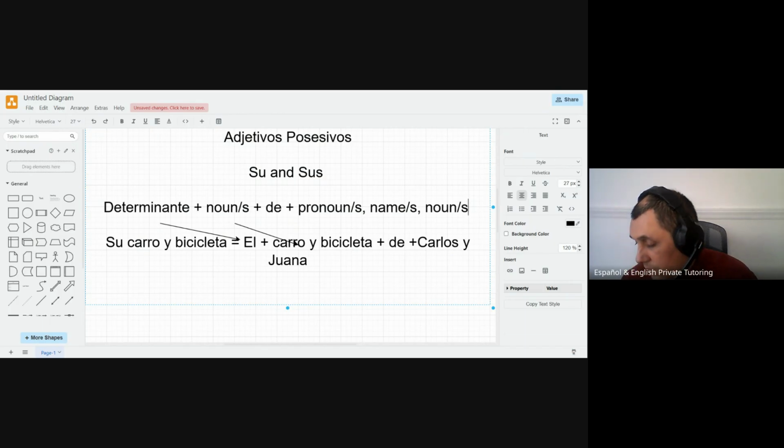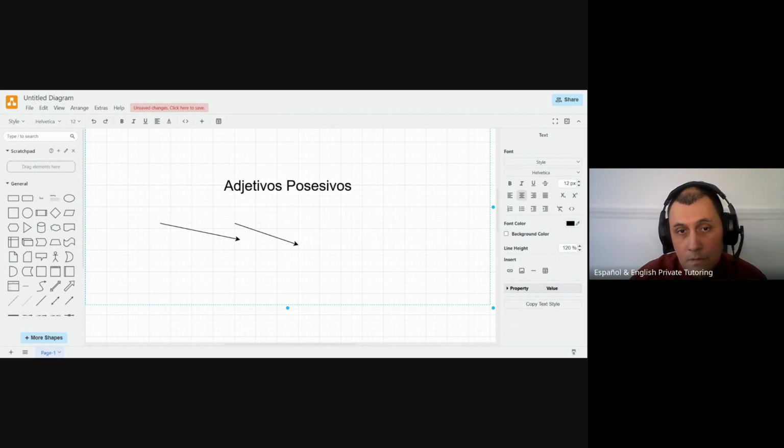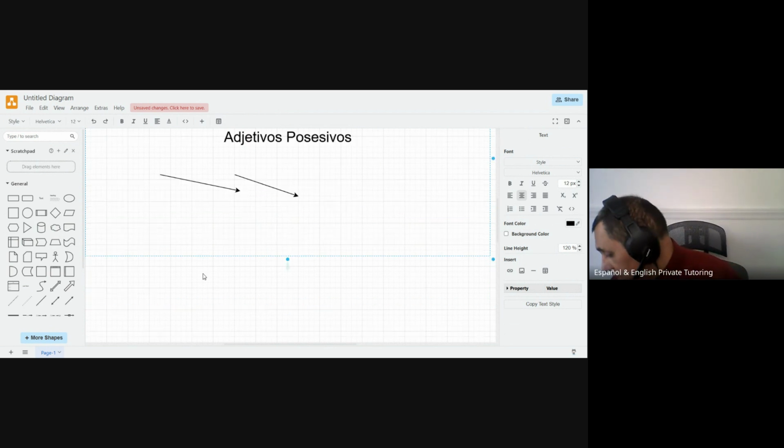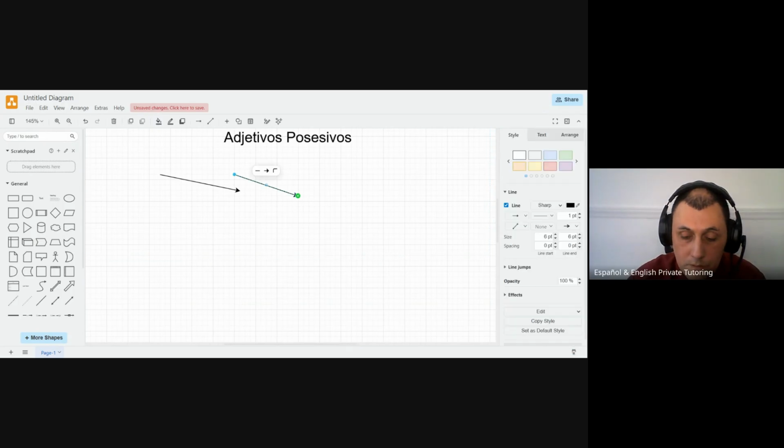Let's go to page 104. And here we're going to talk about demonstrative adjectives.